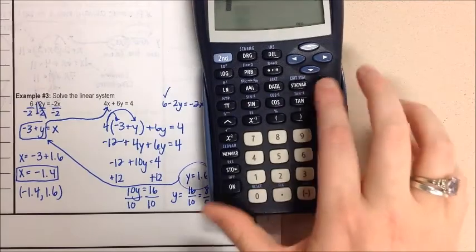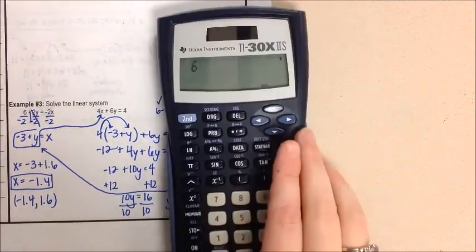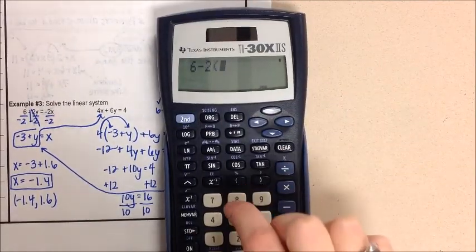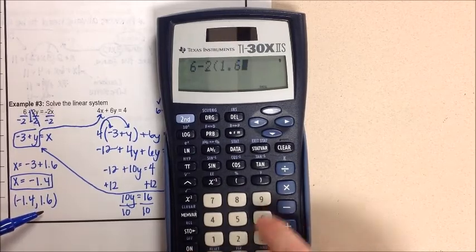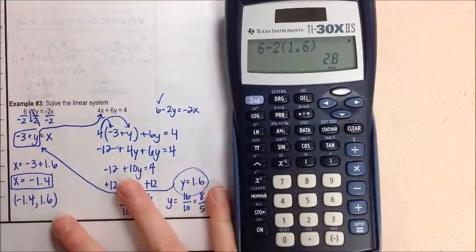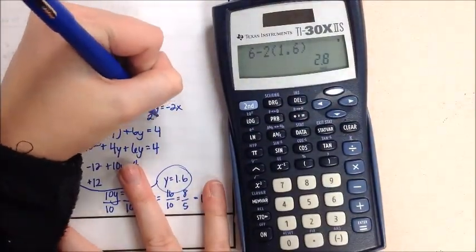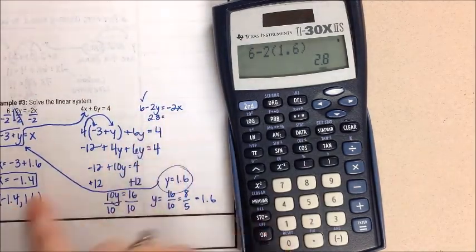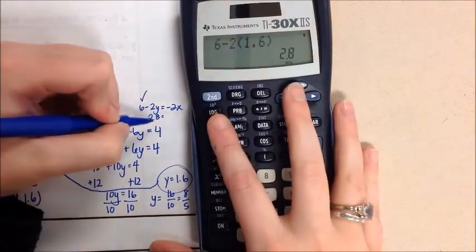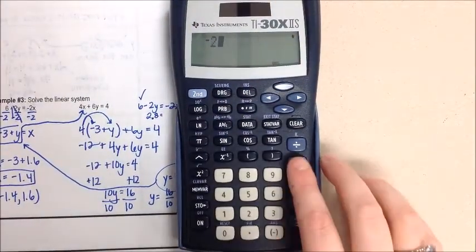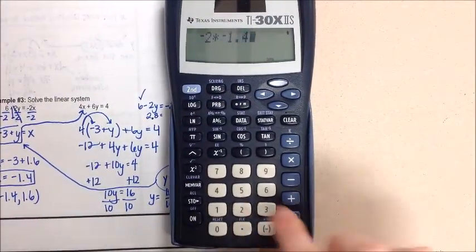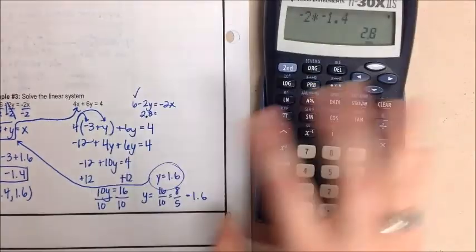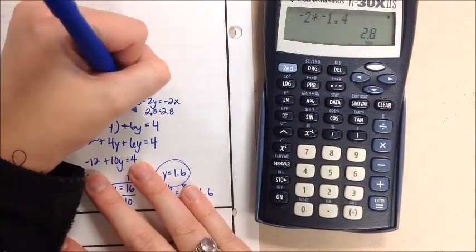So I'm going to plug in 6 minus 2 times my y, which is 1.6, and I got 2.8, okay? And then if I multiply negative 2 by my x, I should also get 2.8. So if I plug in negative 2 times negative 1.4, I get 2.8. So I know that one's right, okay?